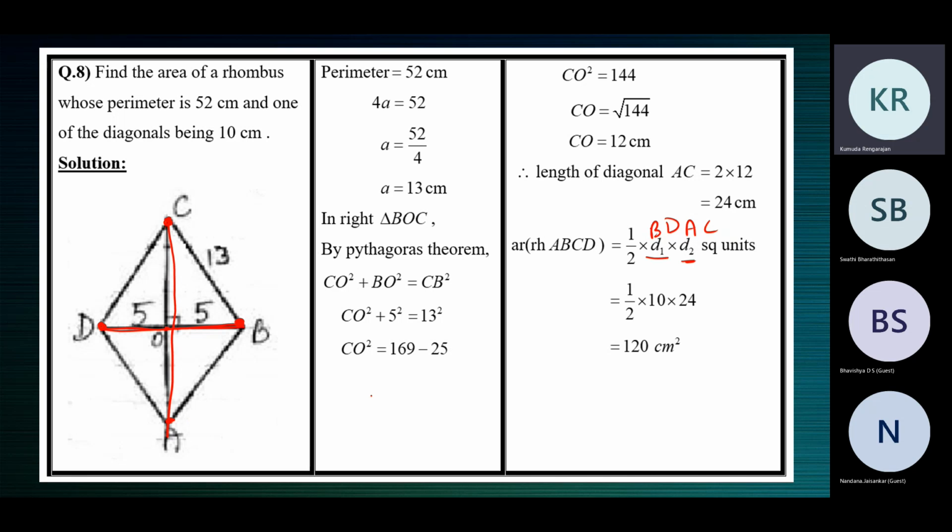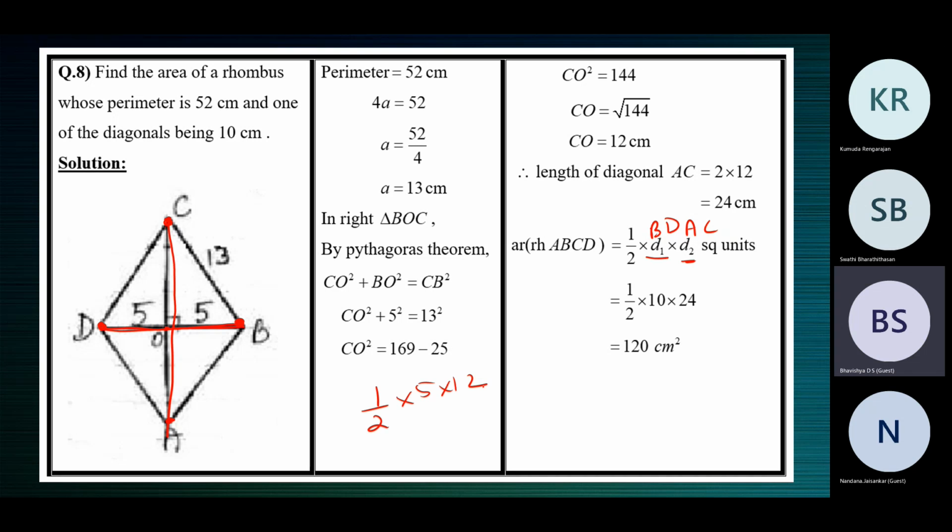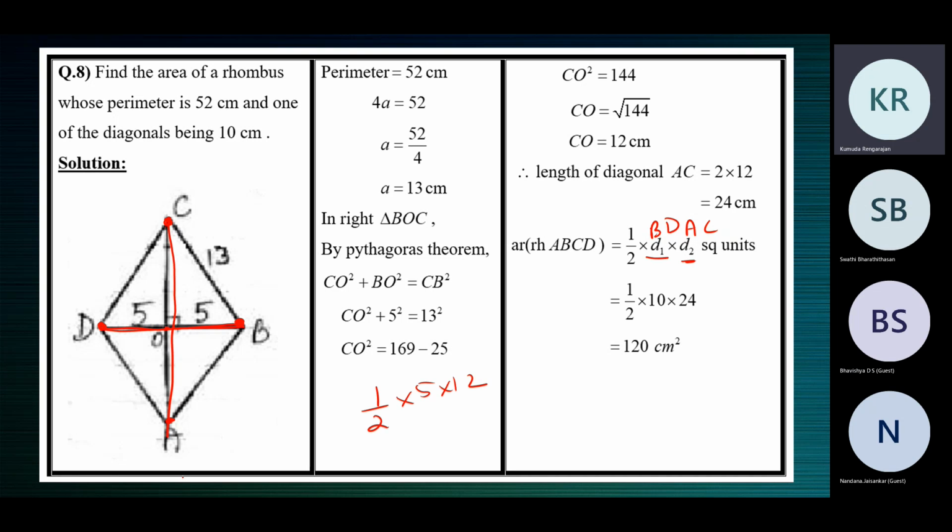Is your doubt this one, Bhavishya? Why it's not half into 5 into 12? Yes, ma'am. 5 is only half of the diagonal. 5 and 12 are only half of the diagonals. The formula is half product of the diagonals. That is half into D1, that is BD, into D2, that is AC.